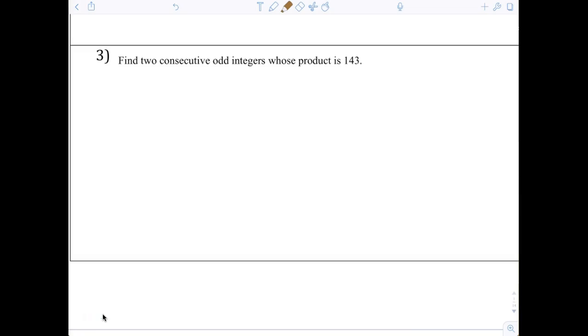You add 2, right? So here's what we're doing. We're looking for 2 numbers. Everybody agree? So what's the first number? We don't have any idea, so we'll call it x or n. Good. The second number would be what?